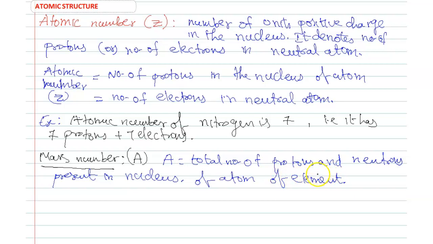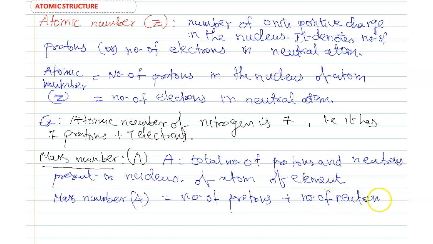Number of protons plus number of neutrons equals the mass number. So the definition is, mass number A equals number of protons plus number of neutrons. The symbol for the number of protons is Z, the atomic number, and the number of electrons is also Z. The number of neutrons is small n. So simply we can write A equals Z plus n.